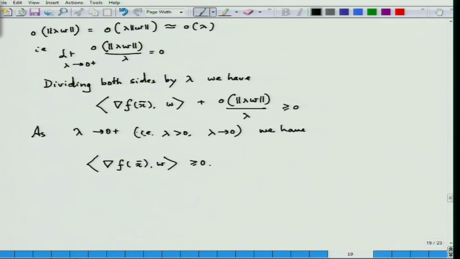Now, w was chosen arbitrarily, w was not a fixed vector.